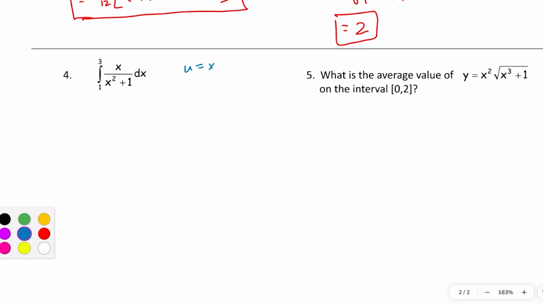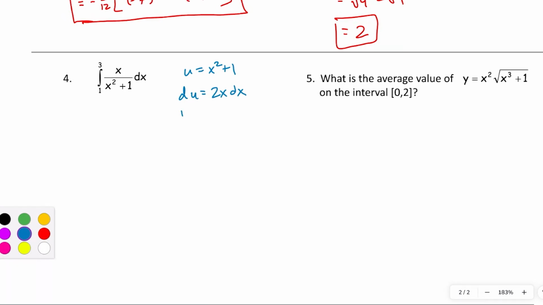Here, our u will be x squared plus 1. My du then would be 2x dx. Although you can see pretty clearly we don't want a 2x dx, we just want x dx. So we're going to write this as 1/2 du equals x dx. Before we start making any substitutions, let's find our new boundaries.